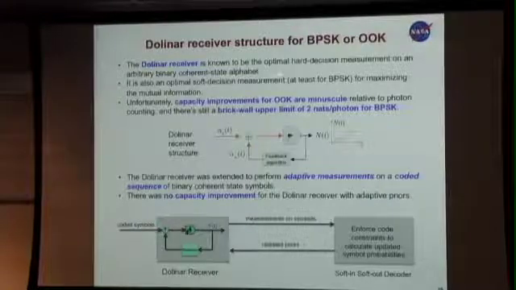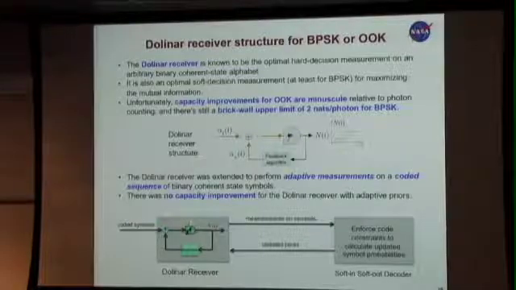We've also shown that it's a soft decision measurement for maximizing mutual information, at least with respect to BPSK modulation. But unfortunately for BPSK, it encounters exactly the same limit as homodyning, and for OOK, the difference between it and direct detection is so tiny it doesn't even show up on the graph that I'll show you pretty soon.